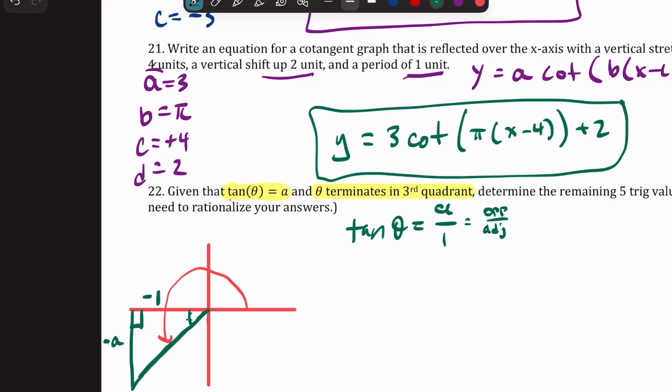So I do a squared plus 1 squared is equal to c squared. So then I take the square root. I cannot square root either of those individually, so I have to leave this as a squared plus 1. So this is going to be the square root of a squared plus 1.